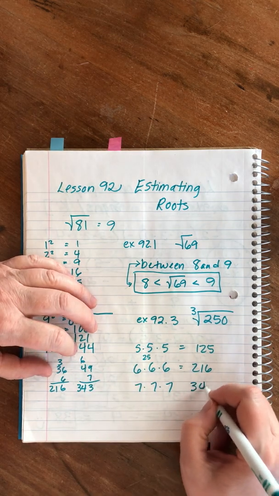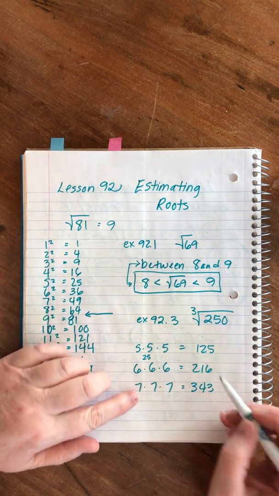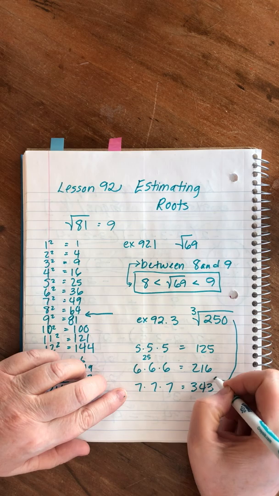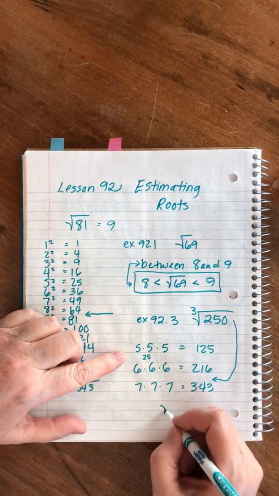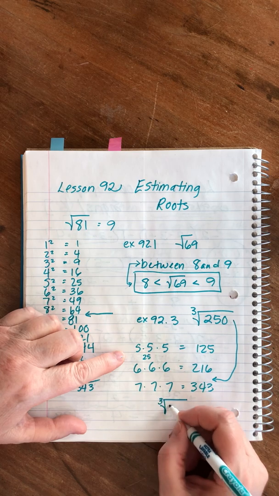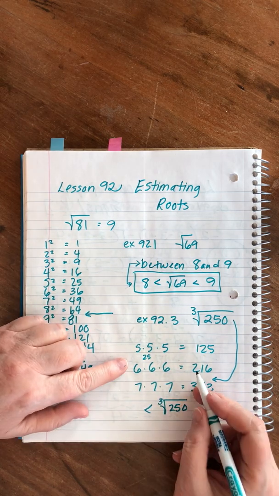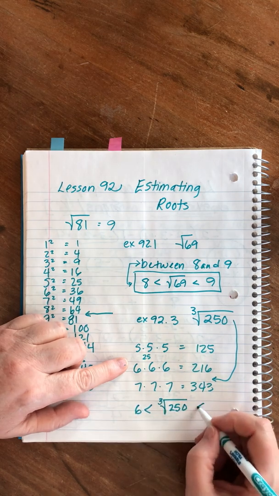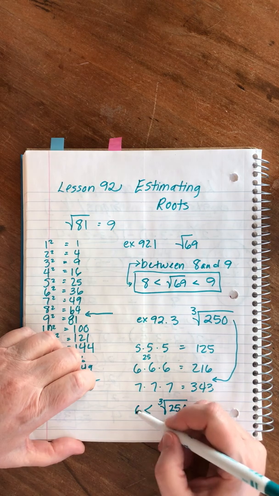Aha! So I finally got two consecutive integers, and my 250 fits in between them. So I have my answer. The cube root, sorry, I said square. The cube root of 250 is greater than 6, but less than 7. And yay, that's right.